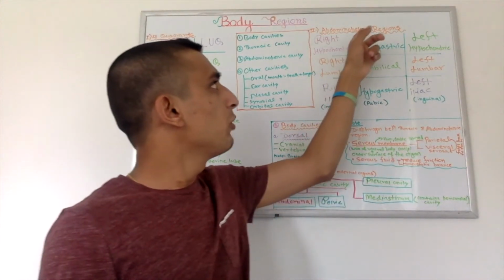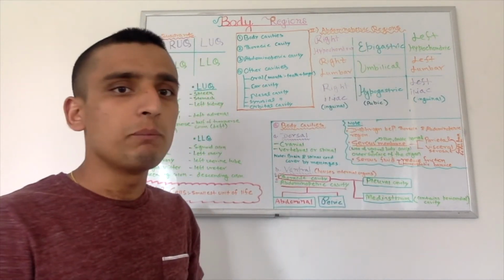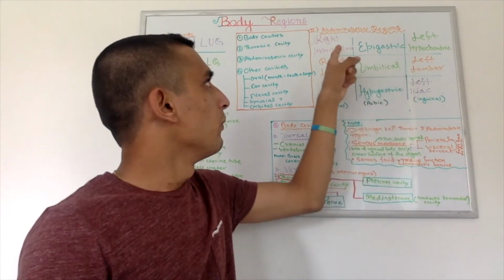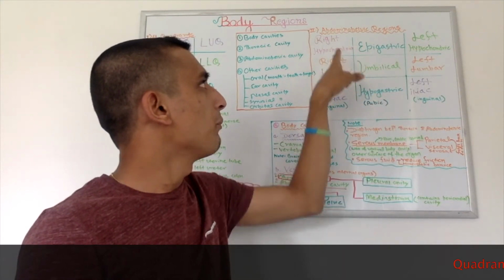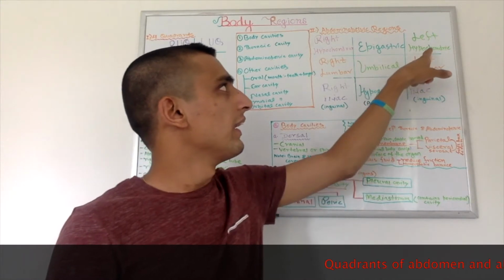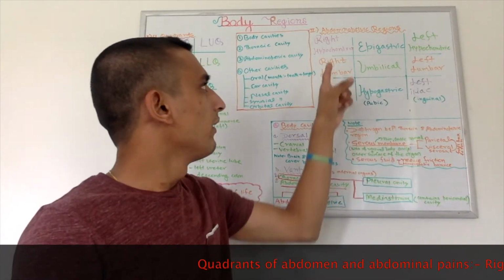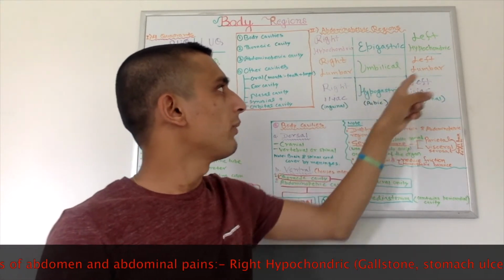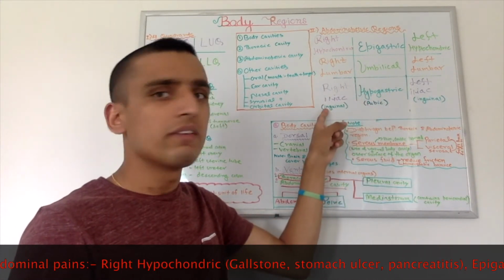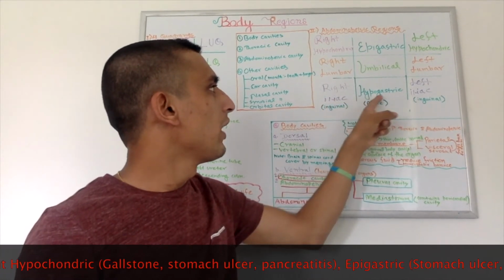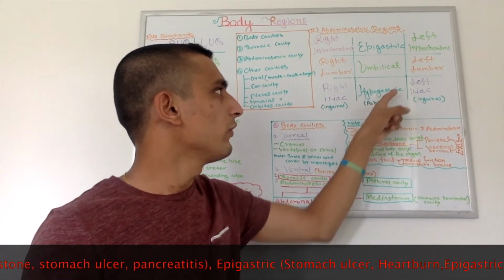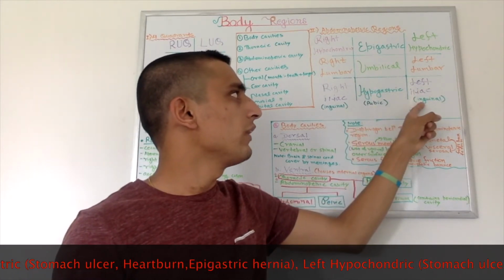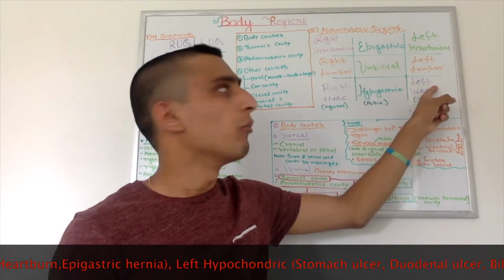But if you look at the abdominopelvic region, it is very important to assess those things too. It is divided into nine regions: right hypochondriac, epigastric, left hypochondriac. In the middle part, right lumbar, umbilical, left lumbar. Then right iliac, which is often known as inguinal, the hypogastric, which is pubic, where you can find different reproductive organs, and left iliac, which is inguinal, where you find the sigmoid colon.